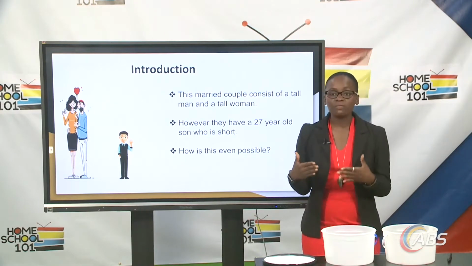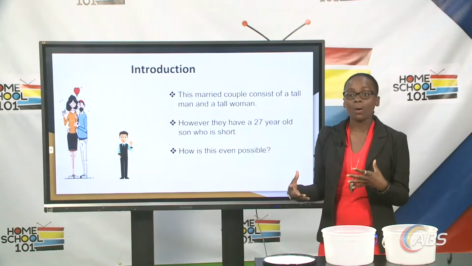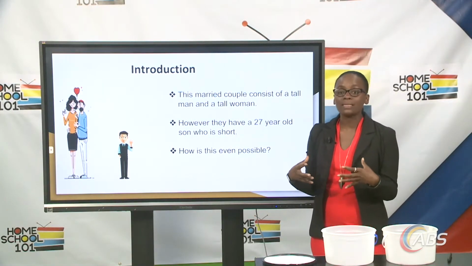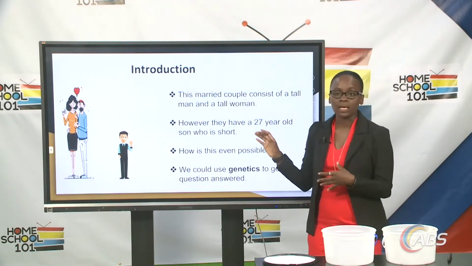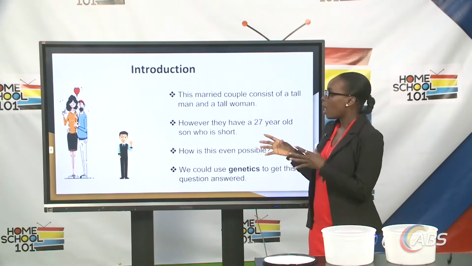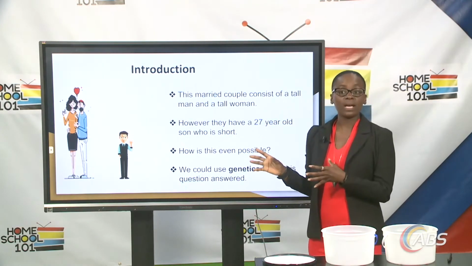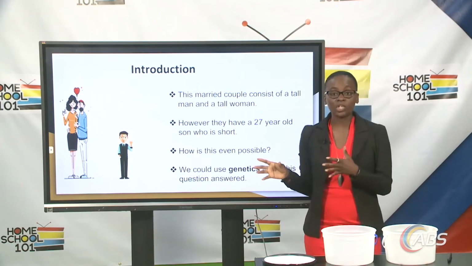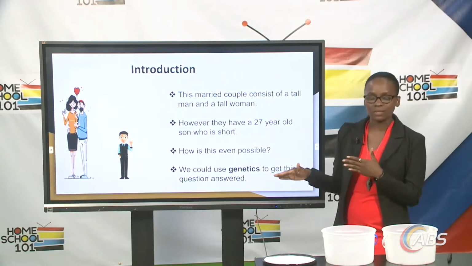We're going to be able to differentiate between the homozygous and heterozygous traits, and also the dominant and recessive alleles that we possess in our genotype or in our DNA. So we're going to be using genetics today to try and figure out how it is that this man and this woman, though they are tall, they're still producing a child that is short. And that is going to be the question that we're going to be able to answer at the end of the lesson today.